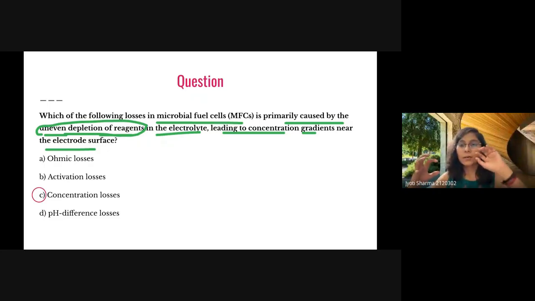And we know that species move from low concentration to high concentration, and this will give you some voltage difference, because this will not be according to what we want. Your electrons will move according to the concentration gradient, but not according to what we want. So this is how there will be some losses in the voltage, and that's how C will be the right answer.